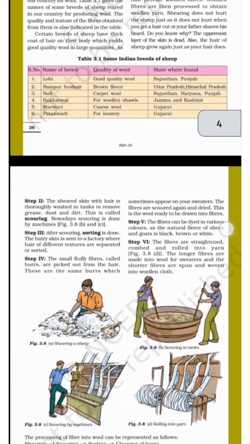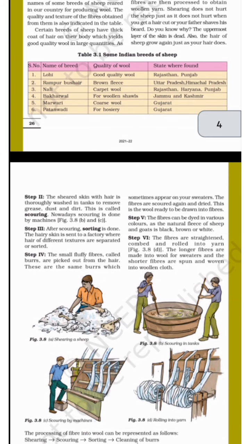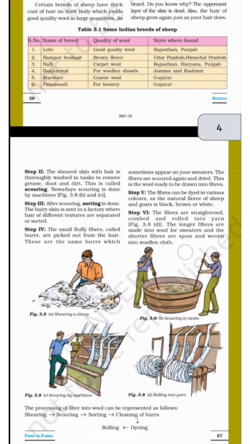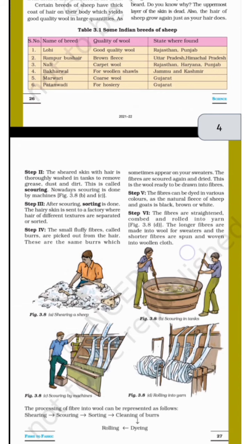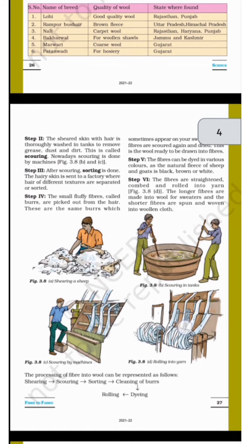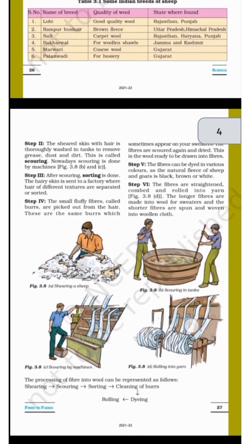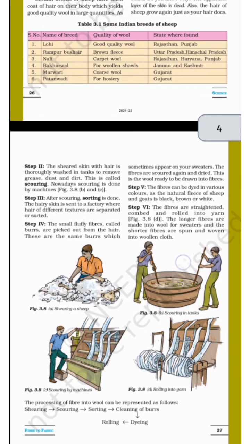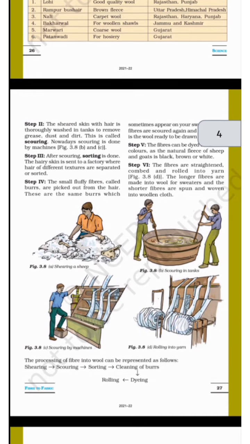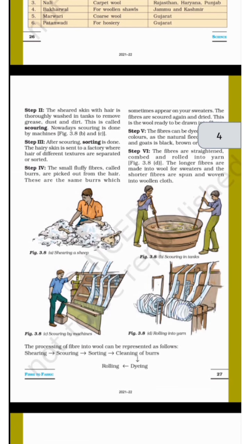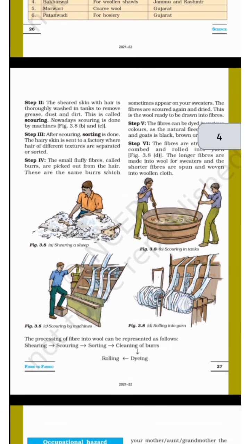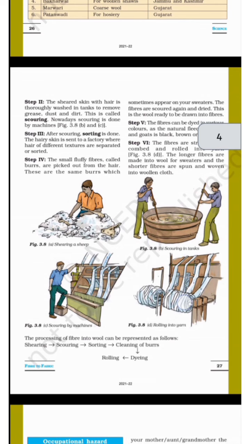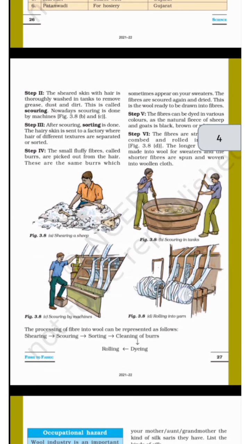We comb our hair, right? Like that, the fibers are combed and rolled like in this picture. And we can use this yarn for making fabrics. Not all the yarns are the same in size, right? The longer fibers are used for sweaters and the short fibers are used in the making of woolen cloths.